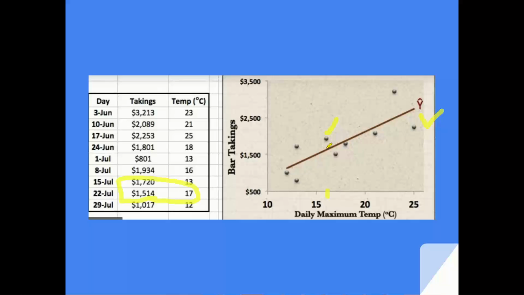I can see from this point, this is what my line is predicting, which is coming around 1500. So I can see that there is a marginal error of $14. The actual value was 1514, but my line is telling it is 1500. So there is a slight error that I have. Do you all agree to this?